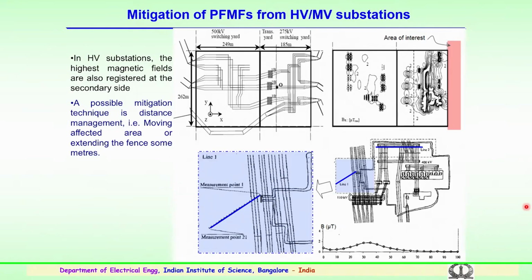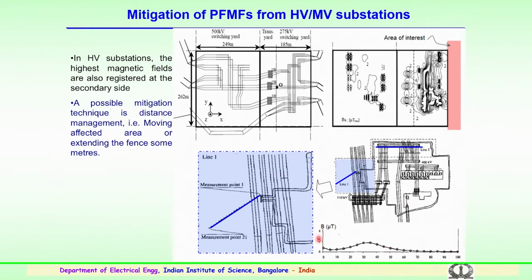In high voltage substations, the highest magnetic fields are normally registered at the secondary side of the equipment. So, a possible mitigation technique is again distance or clearance management, that is, moving away from the affected area or extending the fence, that is, the clearance, so that these fields are reduced as the distance goes up.